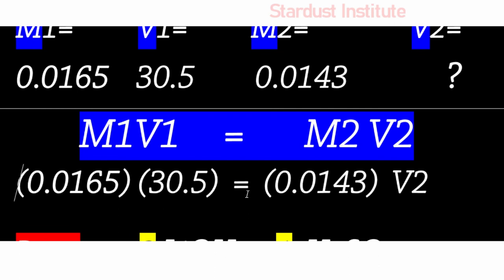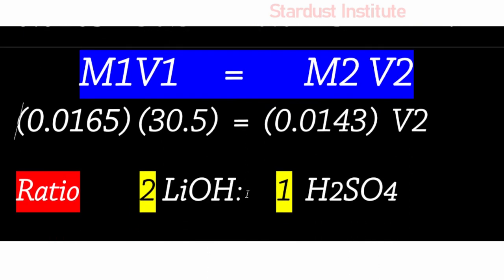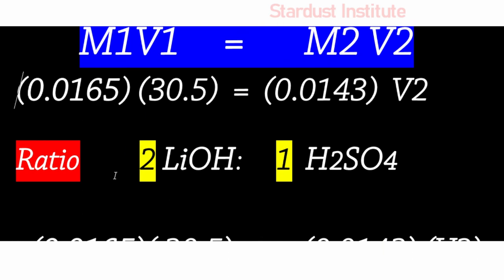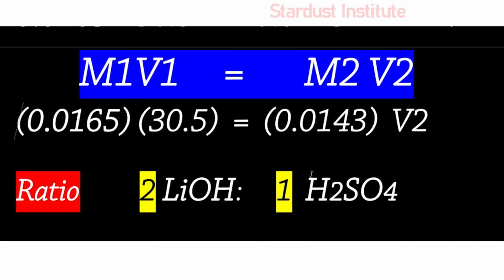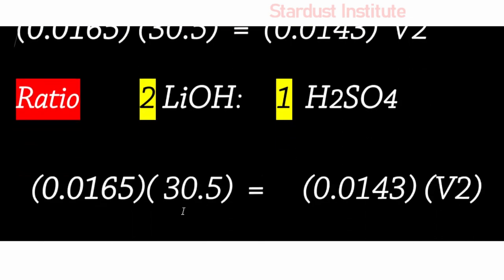Now we must consider the ratio. We know to react with 2 moles of lithium hydroxide, 1 mole of H2SO4 is required. Therefore, we have to multiply the H2SO4 side of this equation by 2.